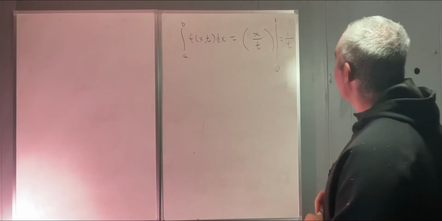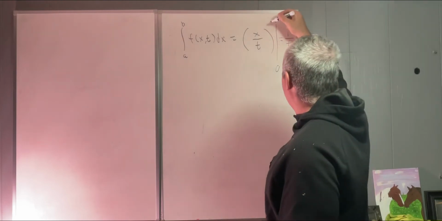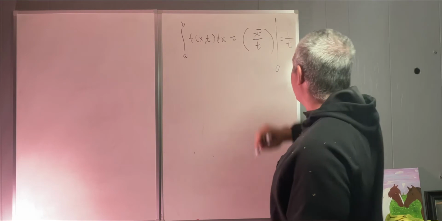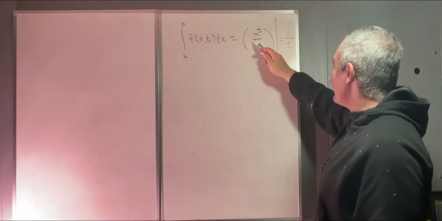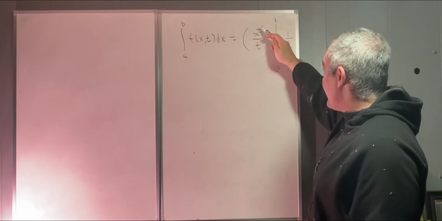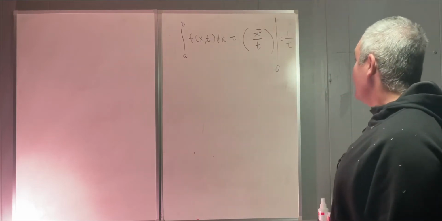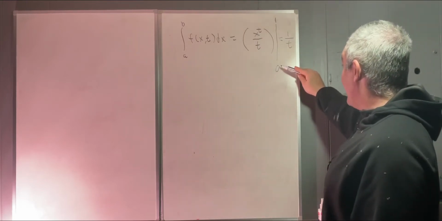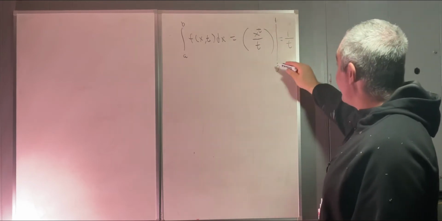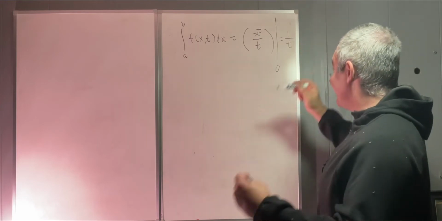Okay, oh, well, how about this? There we go. And now we have an excuse as to why we got that t on the bottom and where it came from. And if we plug in 1 for x, we still get 1 over t. And if we plug in 0, we still get 0.